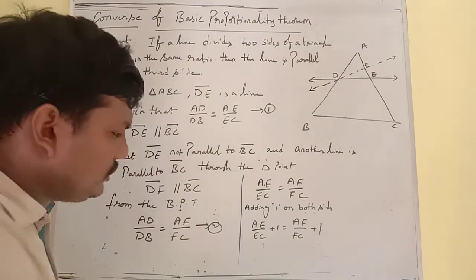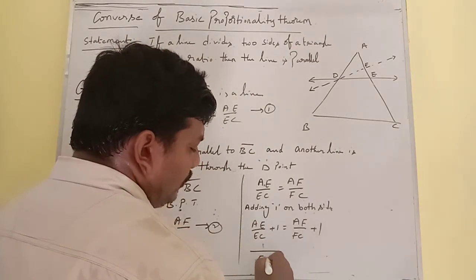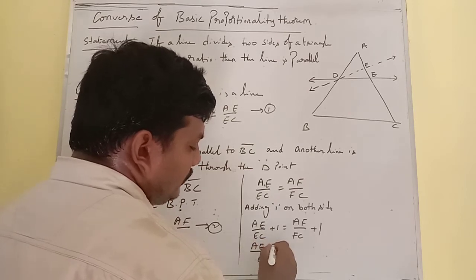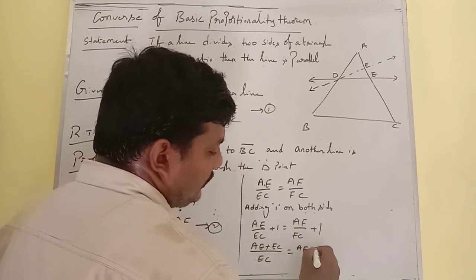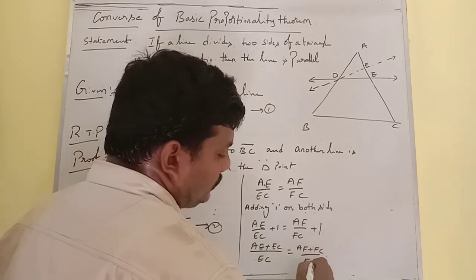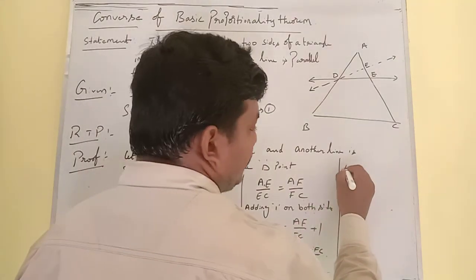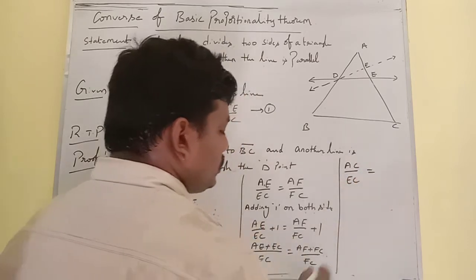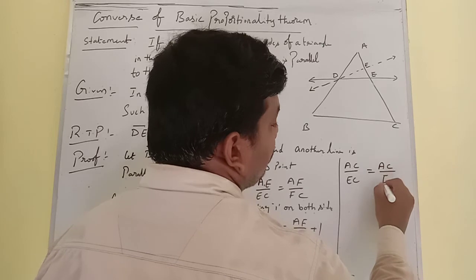By adding 1 on both sides, the LCM is EC. Now the numerator part is AE plus EC, that is equal to AF plus FC by FC. So AE plus EC is nothing but AC, so AC by EC is equal to AF plus FC by FC, which is nothing but AC by FC.